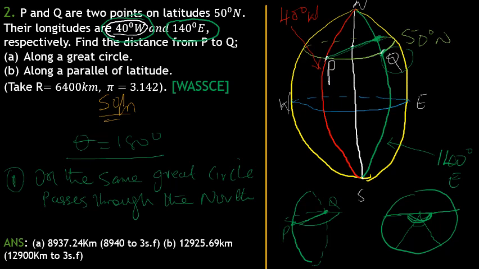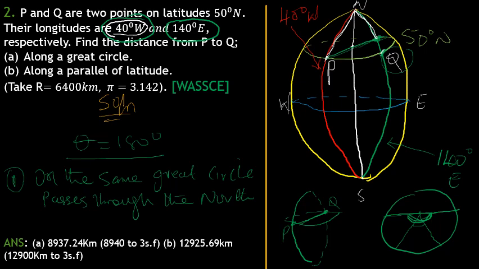So see, the distance we are looking for is from this point P to the north, and then from here back to this point. Can you see? Let me mark it again. From here to the north, like this. All right.